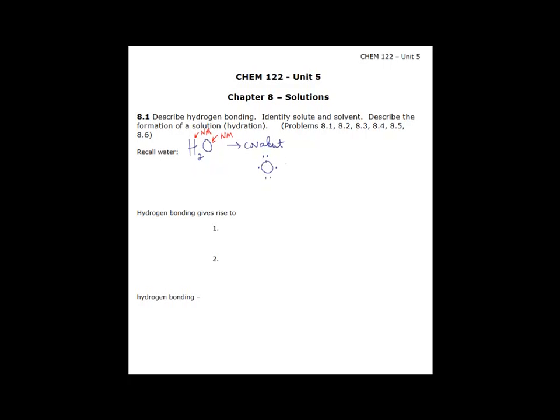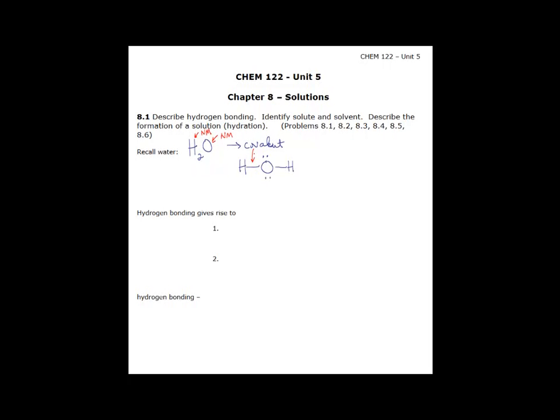So it bonds to 2 hydrogens in order to achieve an octet. So this is what water looks like. Remember that hydrogen can only have one bond, and that's why its structure is this way. Okay, so we know that this bond right here is covalent because you have 2 nonmetals sharing electrons in order to achieve an octet.